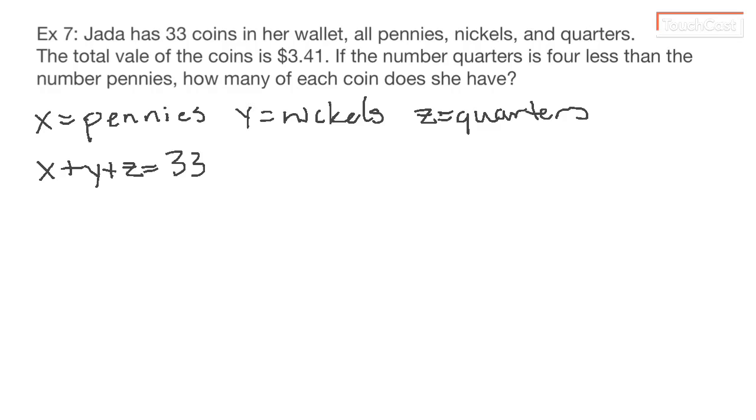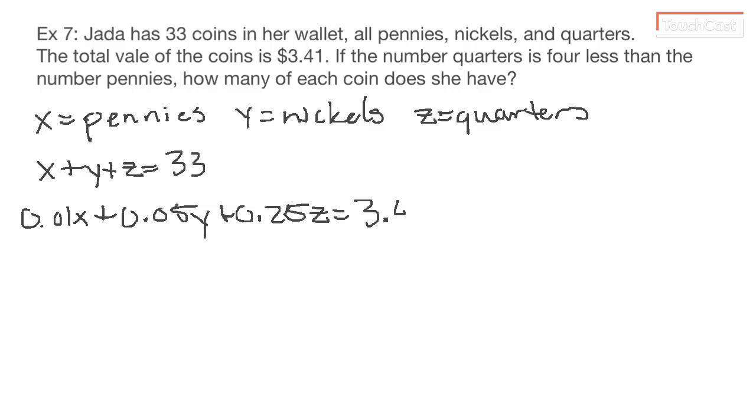If we write this as 0.01x for 1 penny plus 0.05y for the amount a nickel is worth, and 0.25z for the amount a quarter is worth, we can set that equal to the total value of all the coins. Now we also know that the number of quarters is 4 less than the number of pennies. So we can say that z is equal to x minus 4.